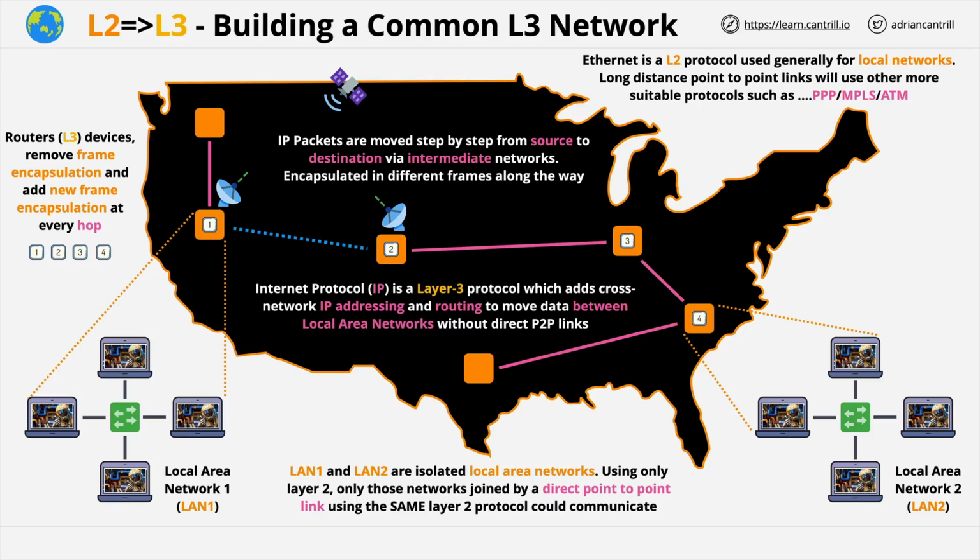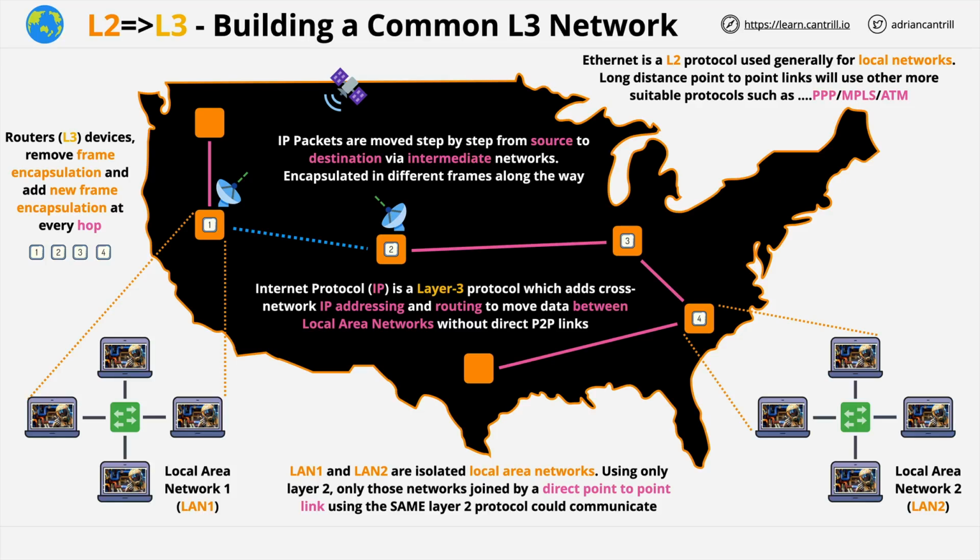Then when it needs to be moved into a new network, that particular frame is removed and a new one is added around the same packet and it's moved on to the next local network. So as this video data is moving from my server to you, it's been wrapped up in frames. Those frames are stripped away, new frames are added, all while the packets of IP data move from my video server to you. So that's why IP is needed at a high level, to allow you to connect to other remote networks, crossing intermediate networks on the way.